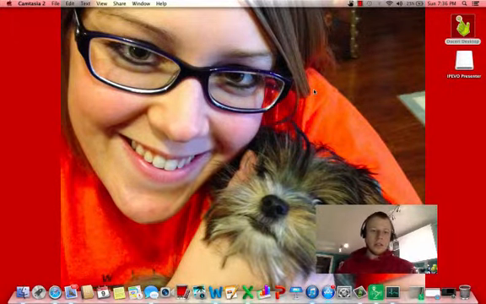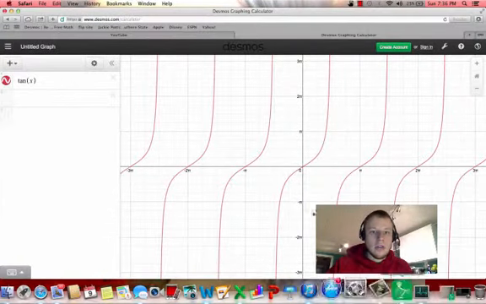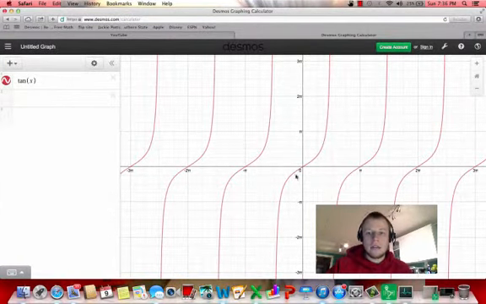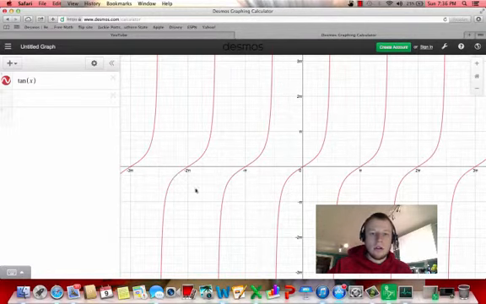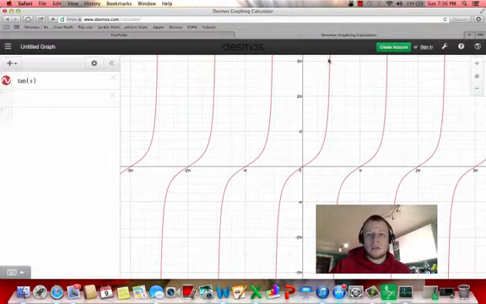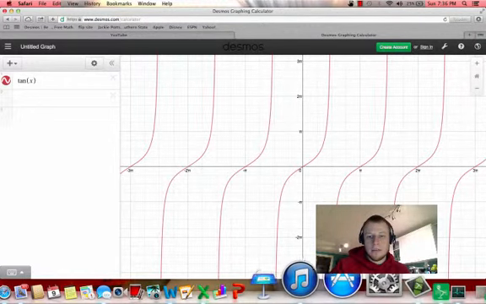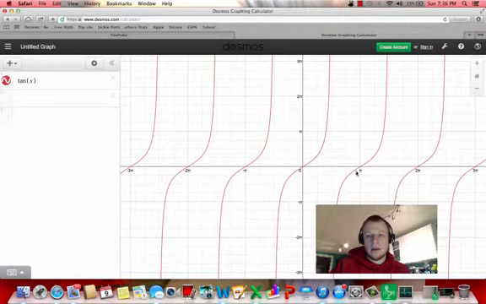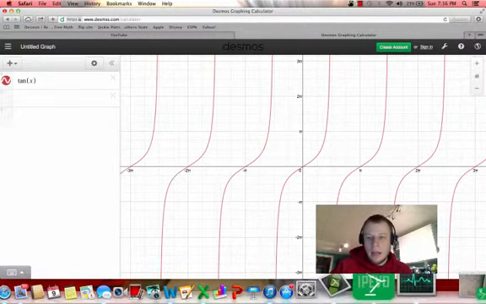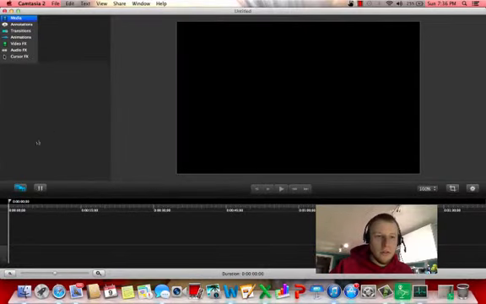If you take a look at tan x, it no longer has the nice up and down that sine and cosine have, but instead it goes infinitely up here and then hops back down here, and then comes back up here, and then hops back down, and so on.